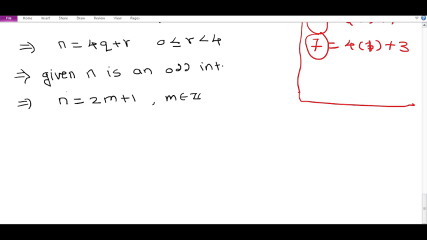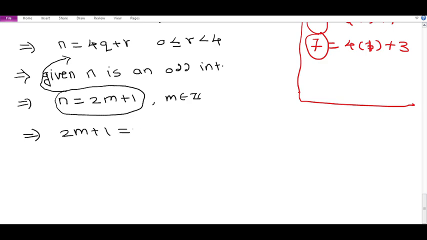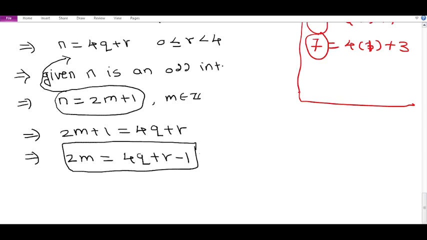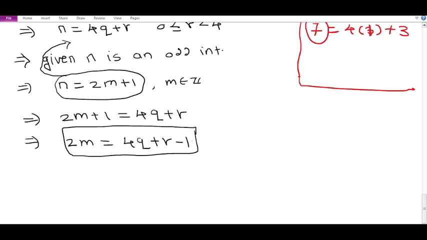So if you put this value in this equation, we get 2m plus 1 is equal to 4q plus r. So this implies 2m is equal to 4q plus r minus 1. Now here r has 4 cases, where 0 less than or equal to r less than 4.